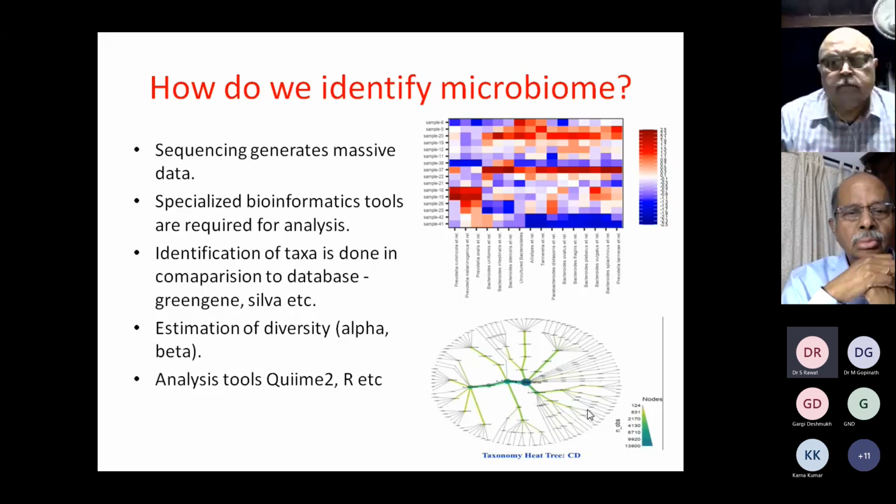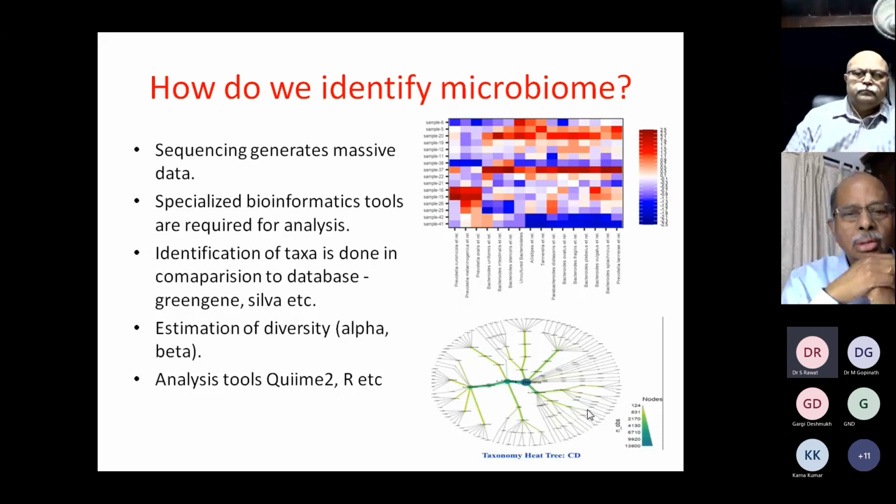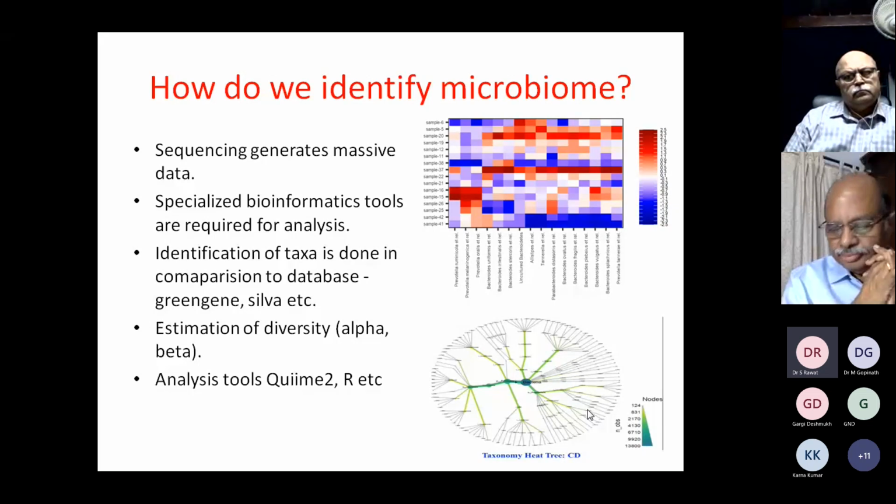There are various software available, and the identification is not only of the taxa but also the genus. It will be possible with the help of databases. So various databases are there, like Greengenes, Silva, etc., with which we can compare. Then we have to estimate the diversity.